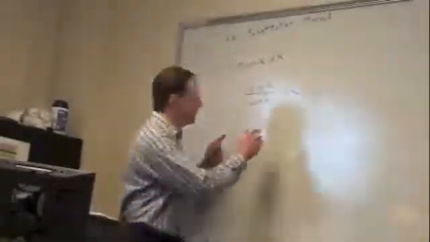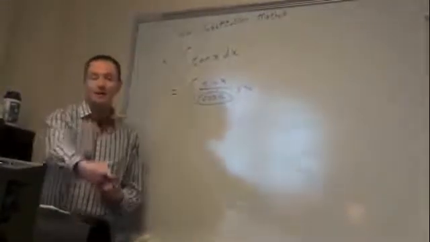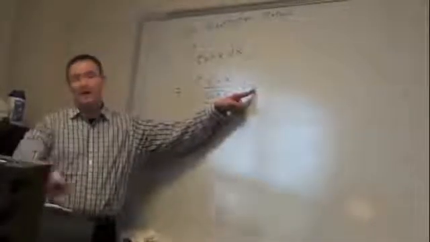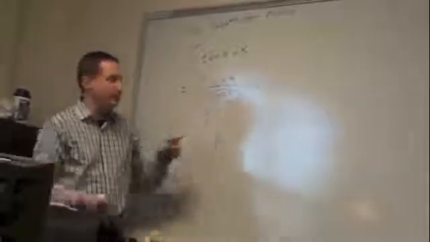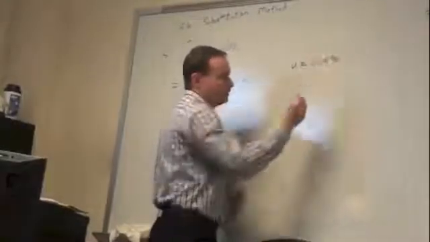If I let u equal what's in the denominator, then the derivative of cosine of x is going to be negative sine of x dx. Well, I have sine of x dx in there, and the negative is going to be easy to take care of. So I have no doubt I need to let u equal the cosine of x.